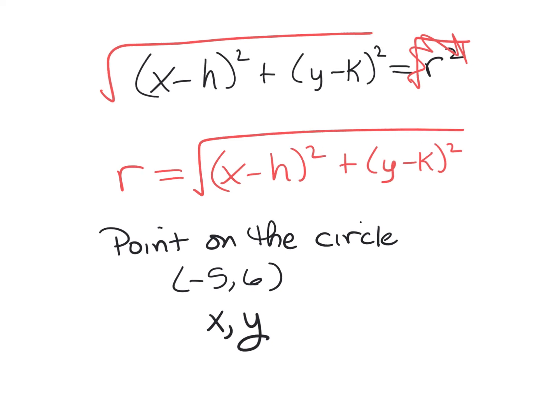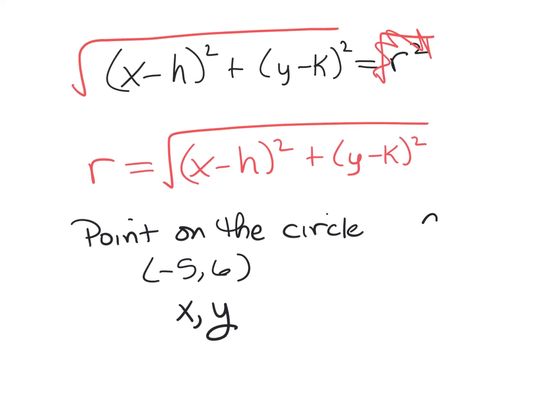Then I'm also going to give you the center of the circle. So for example, -1, +3. Remember, in the formula, this will be h and k. What I now need to do is take these 4 numbers and plug them in to the formula.